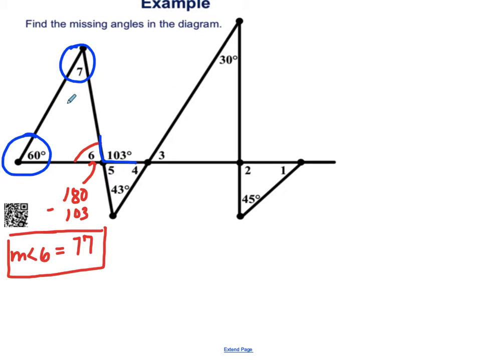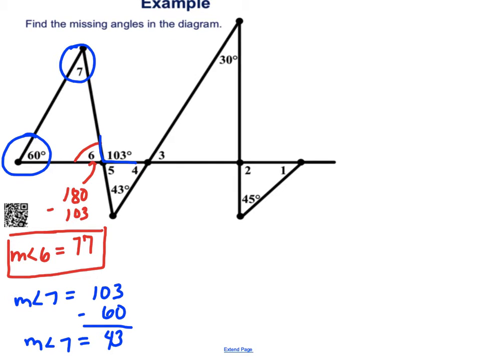So this 60 plus this angle 7 together makes 103. So the measure of angle 7 has to equal 103 minus 60, so I can get the leftover angle 7. That becomes 43, so the measure of angle 7 is equal to 43 degrees.